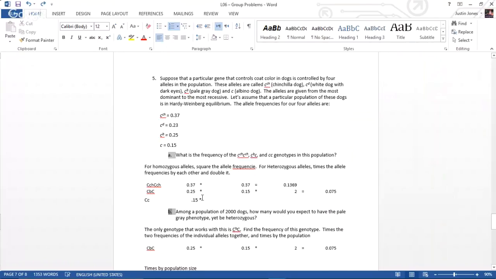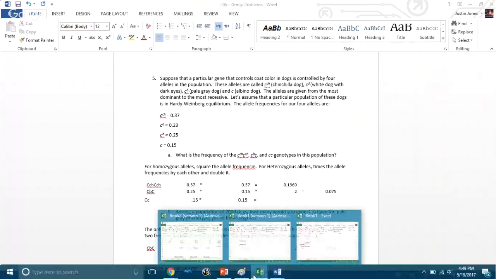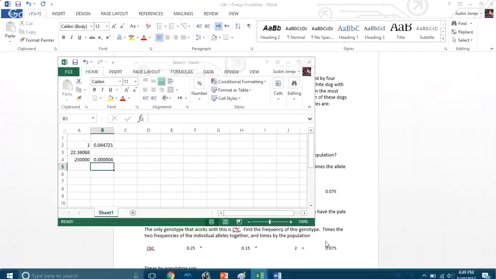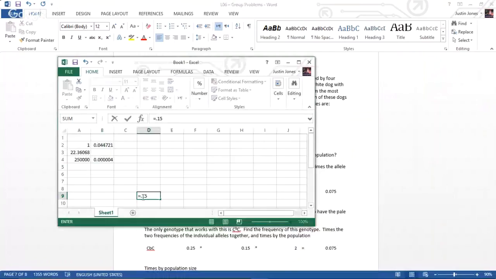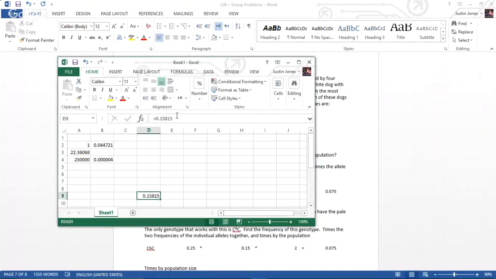I need a tab. Tab will save me. Let's just come to Excel. So 0.15 times 0.15.